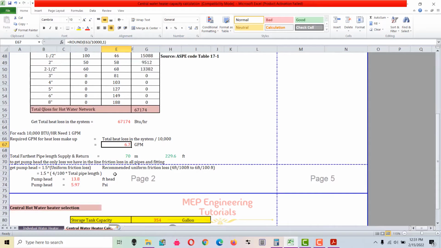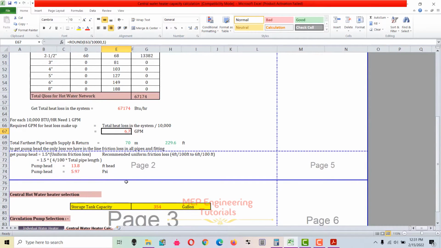So now we have to calculate the pump head as well. In order to calculate the pump head, we have to check the furthest pipe length for supply as well as return. Since we have a loss in the straight pipe length as well as the fittings, we have to compute the loss for the straight pipe length as well as fittings to get the pump head.